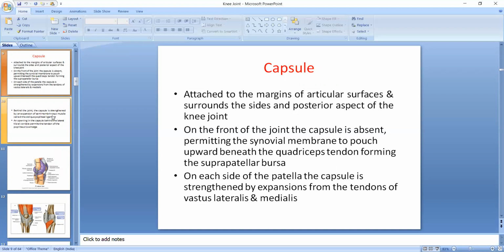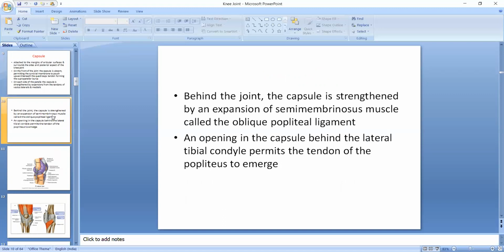On each side of the patella, the capsule is strengthened by expansions from the tendons of the vastus lateralis and vastus medialis. Behind the joint, the capsule is strengthened by an expansion of the semimembranosus muscle called the oblique popliteal ligament. An opening in the capsule behind the lateral tibial condyle permits the tendon of the popliteus to emerge.